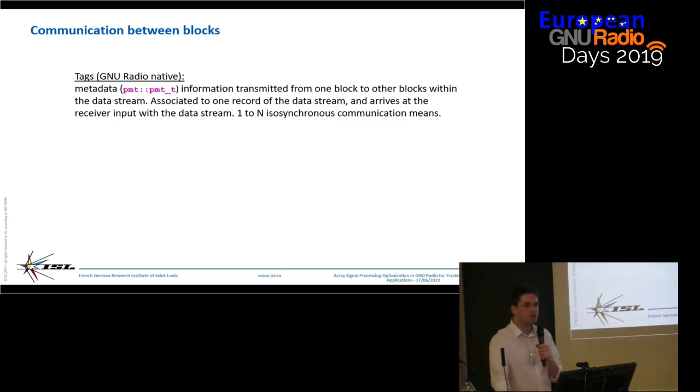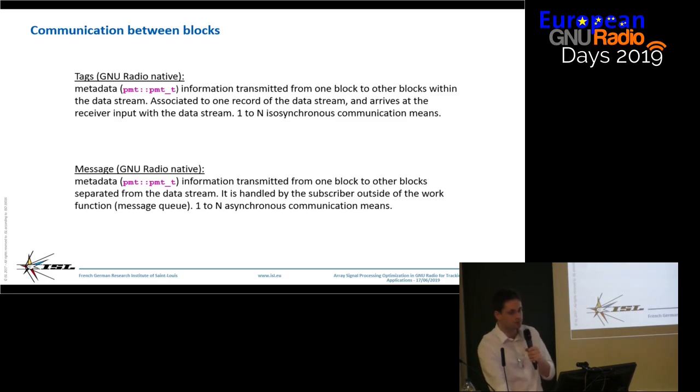So one tag is associated with one or several samples inside the data stream, and it will be seen by the receiver block at the same time it will see the data stream itself. And it's a one-to-one isosynchronous means of communication, as it was detailed and described in the GNU Radio documentation.